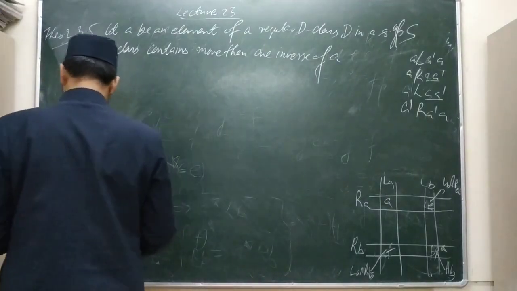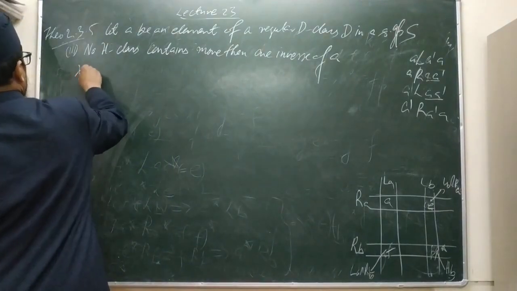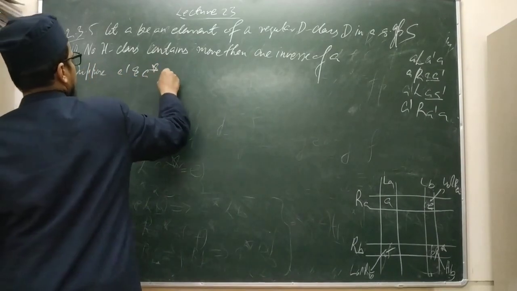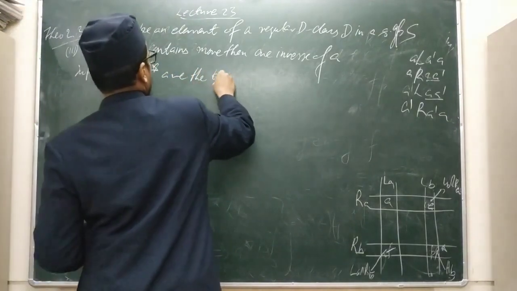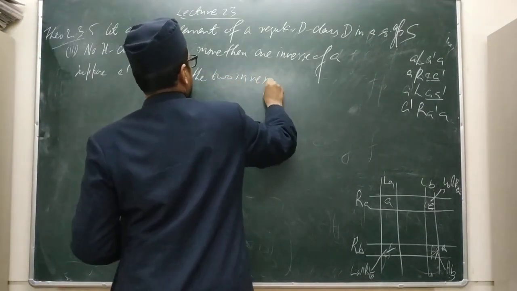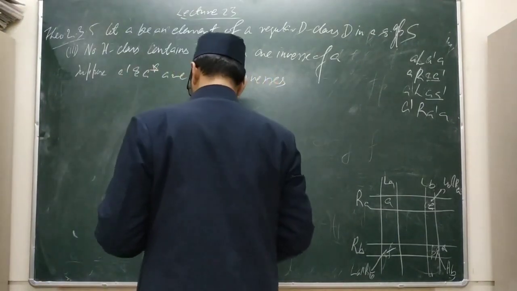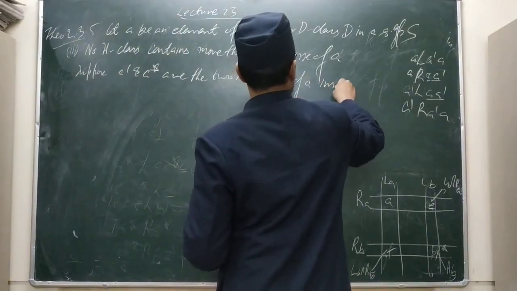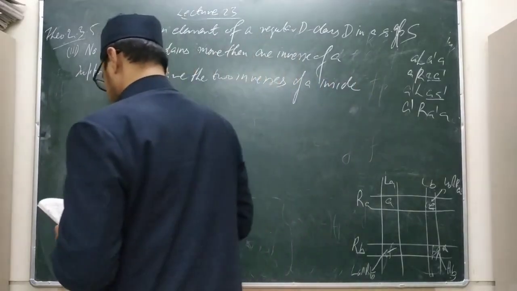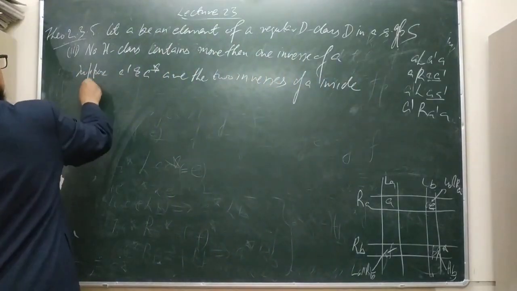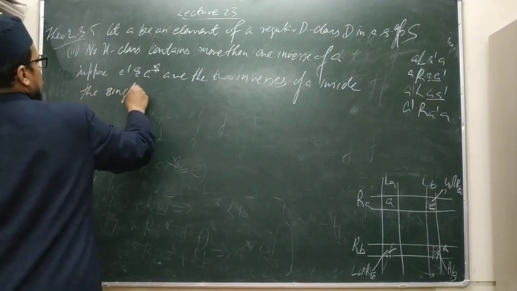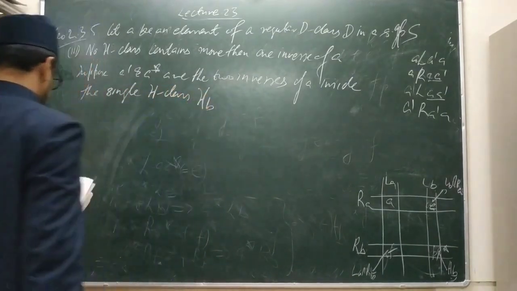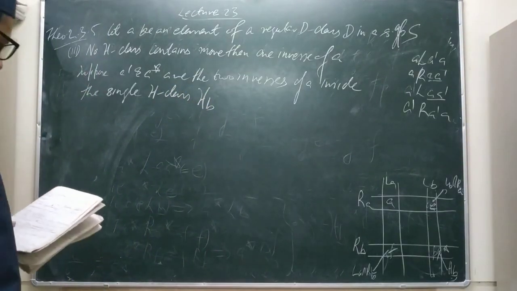So suppose A dash and A star are the two inverses of A inside the single H class H_B, correct?